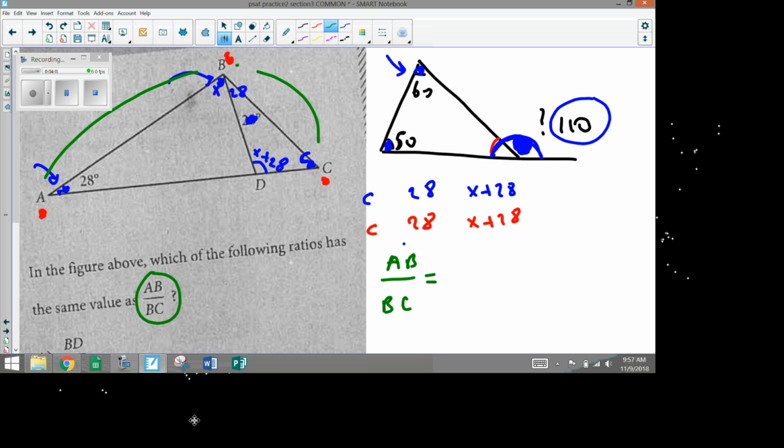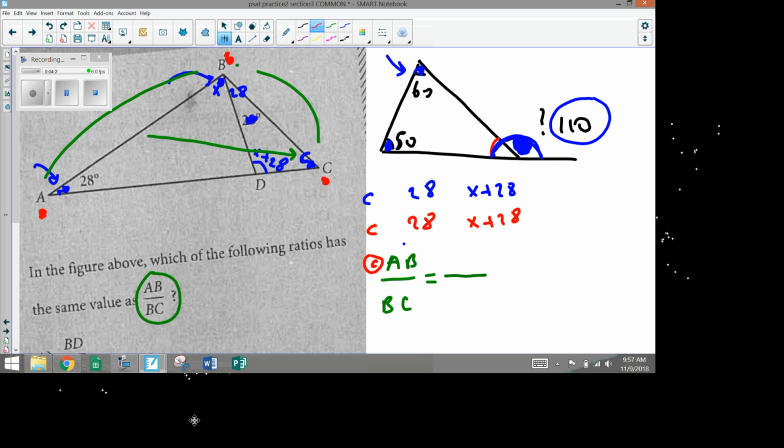Biggest triangle, right? AB over BC. Now I'm going to find the corresponding one on the smaller triangle. AB, I'll look at the bigger triangle. AB is looking at which angle? C.